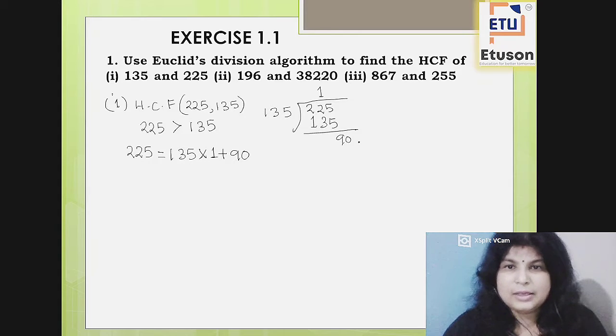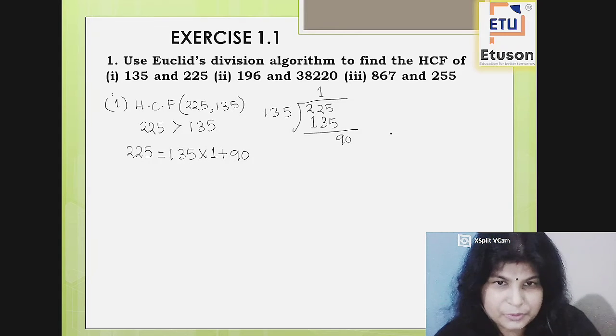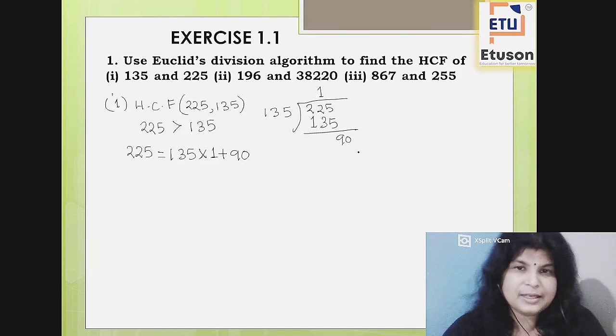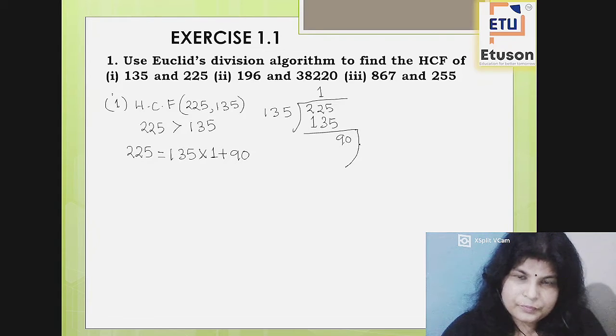Here the remainder is not equal to 0, it is 90, correct? So you have to go for the next step.